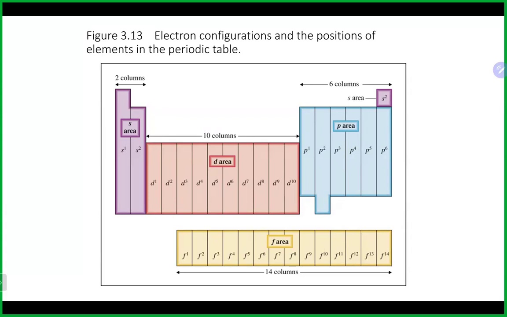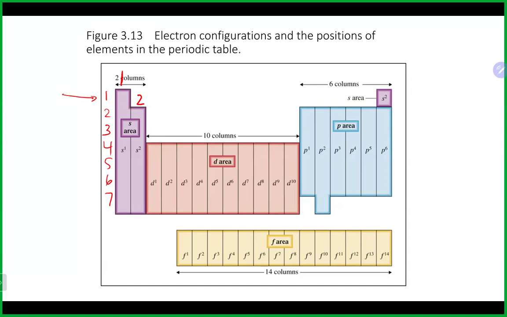So when we look at the periodic table, we have basically 7 periods, and these periods represent our energy levels. And we have our groups. So we have group 1 and 2, which is here, and this is our S group, our S block as it is sometimes referred to.